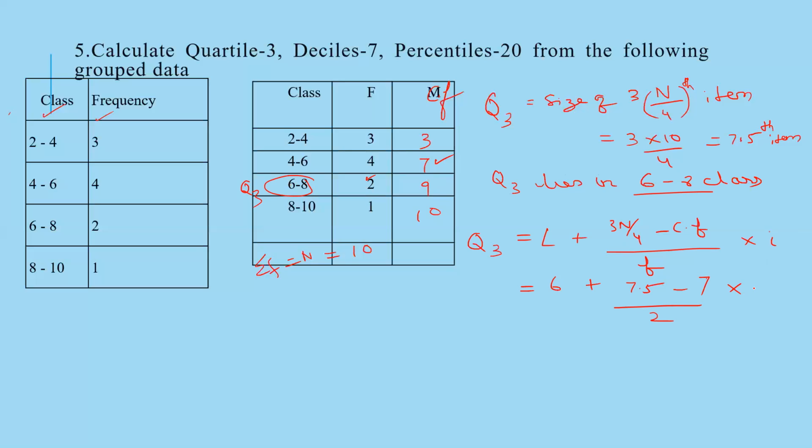Here we see 2 to 4, 4 to 6. If you take the second class, 4 to 6, only numbers 4 and 5 are included, so the class interval is 2. So for the third quartile, once you solve this, you will get 6 plus 0.5.